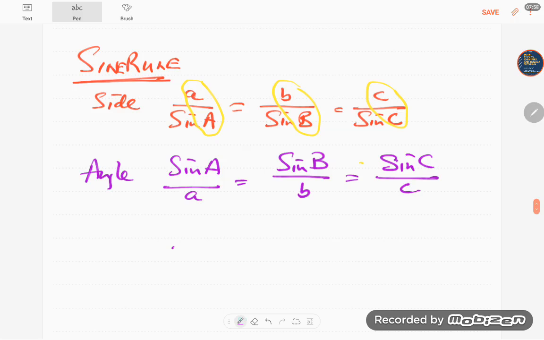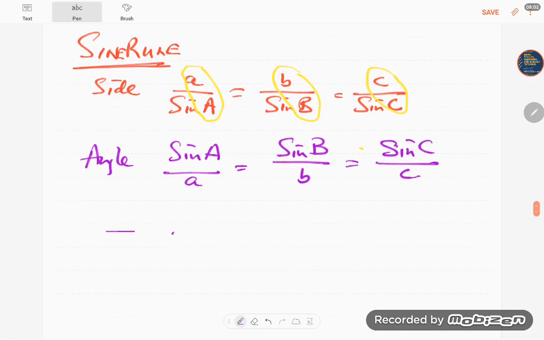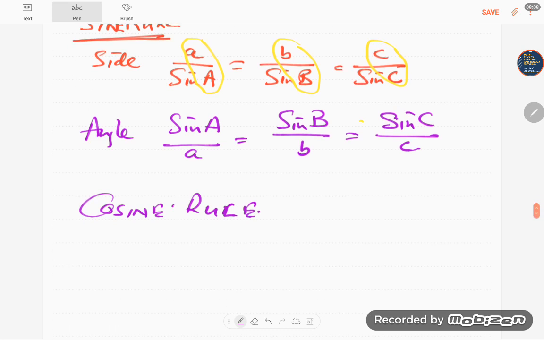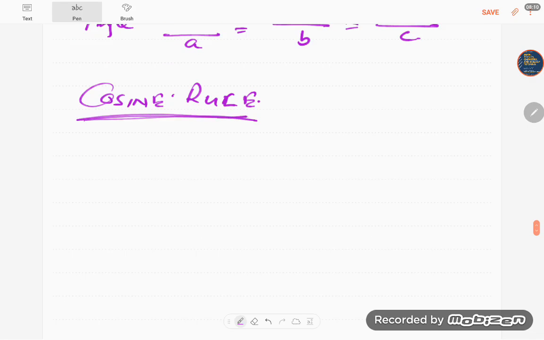Okay, and then for the cosine rule, to remember it, we all know the Pythagoras formula very well, so we actually begin with that. We know that we're supposed to have three sides in a triangle. If I'm trying to find the third side, you can only find the side whose angle you're given.